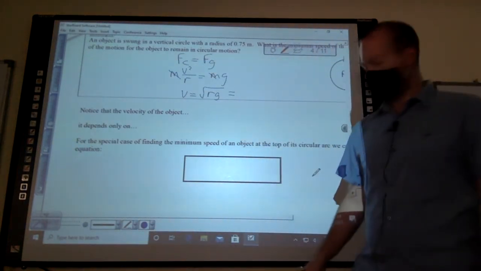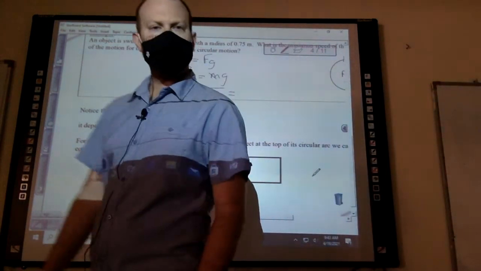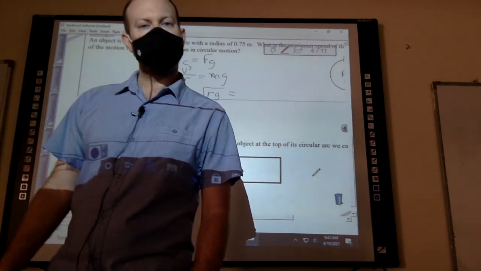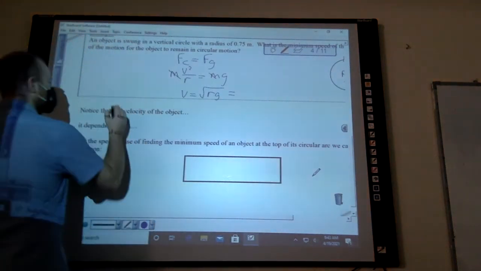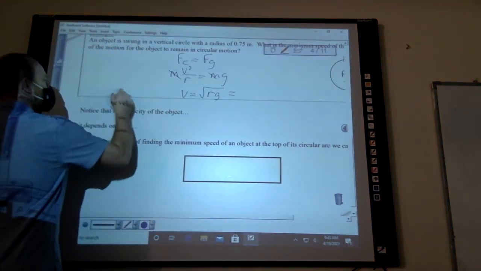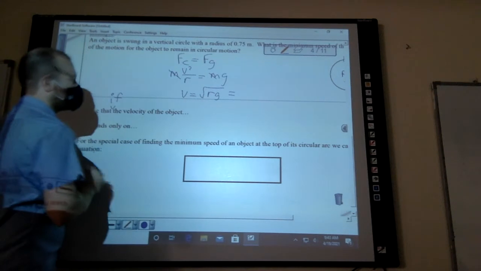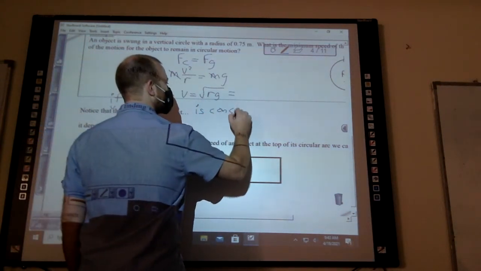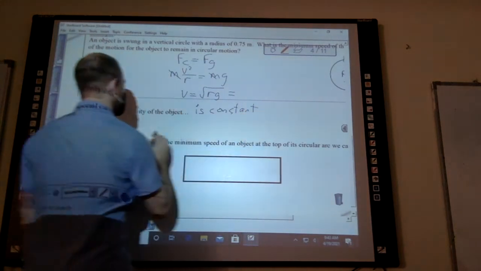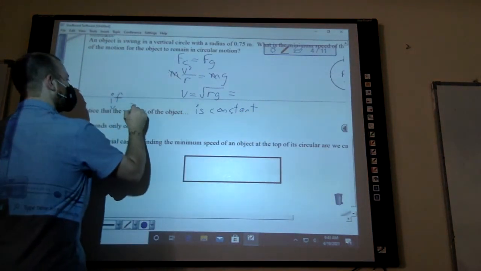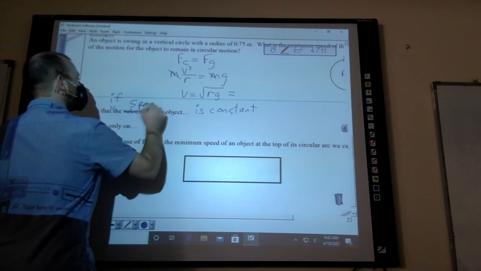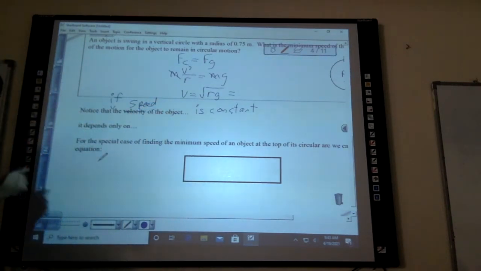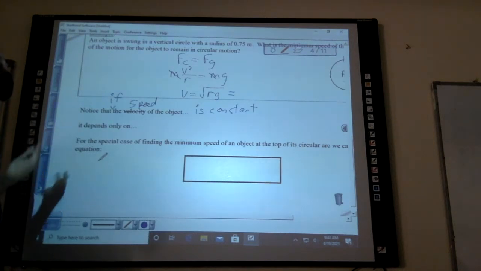Notice that if the speed of the object is constant, which in every case that we're going to deal with it is, it only depends on two things.